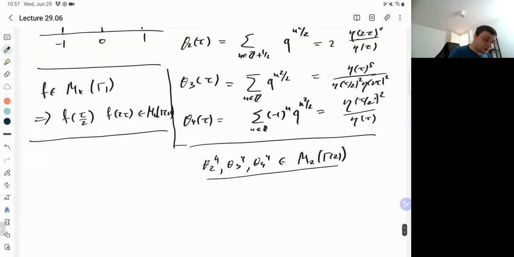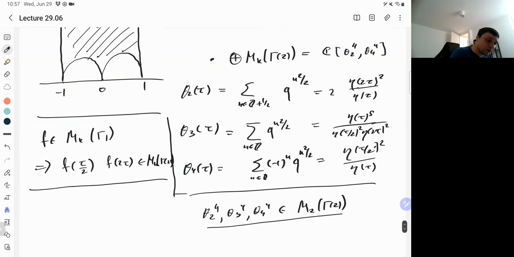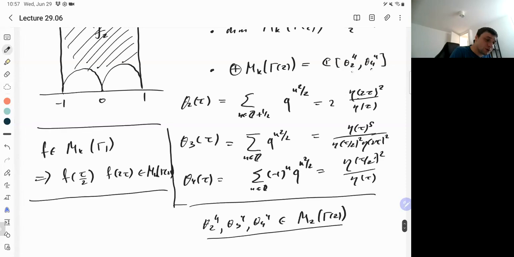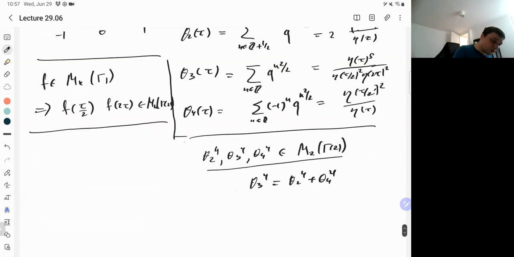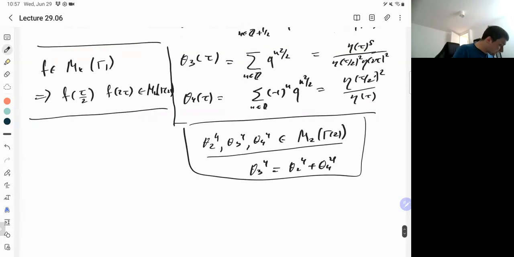So these three functions are modular forms of weight 2, and any two of them generate the ring of modular forms as a polynomial ring. But they satisfy a non-trivial relation, the so-called Jacobi's identity. These are all in the exercise sheet for today.